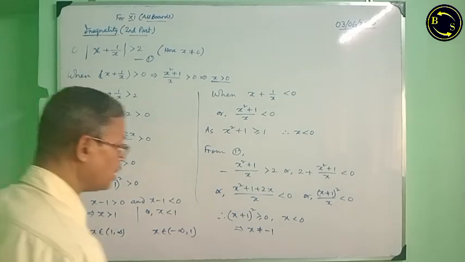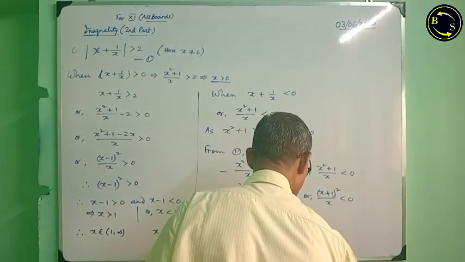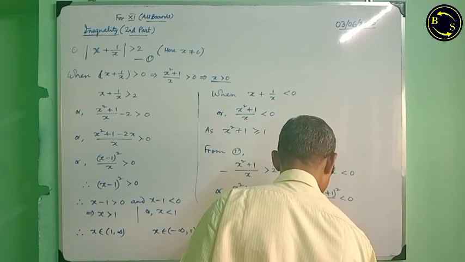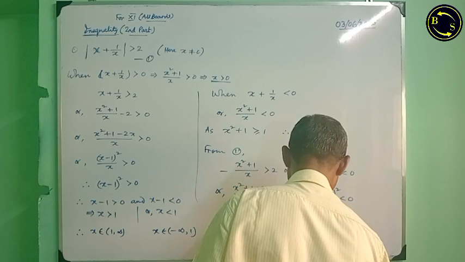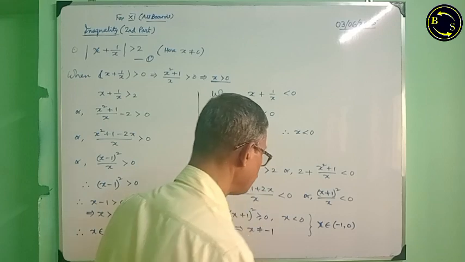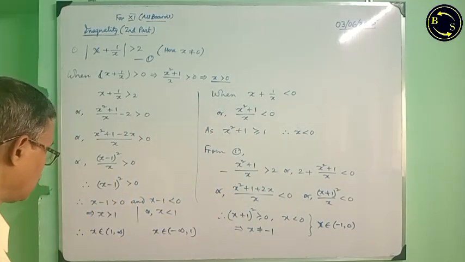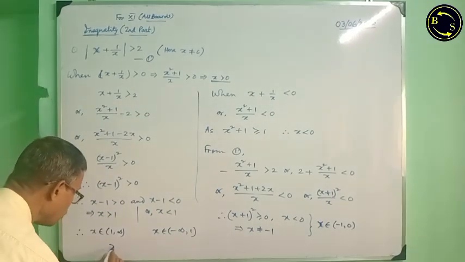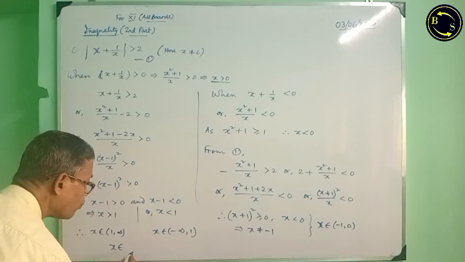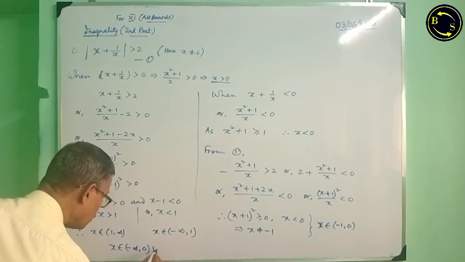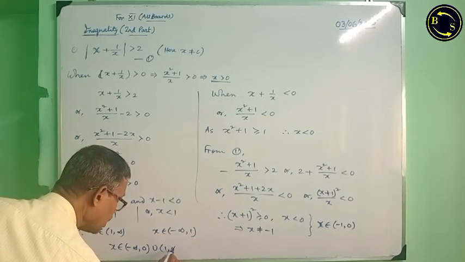Now from this we get x belongs to minus 1, 0, and here x not equal to 0, therefore x belongs to minus infinity, 0, 1, infinity.